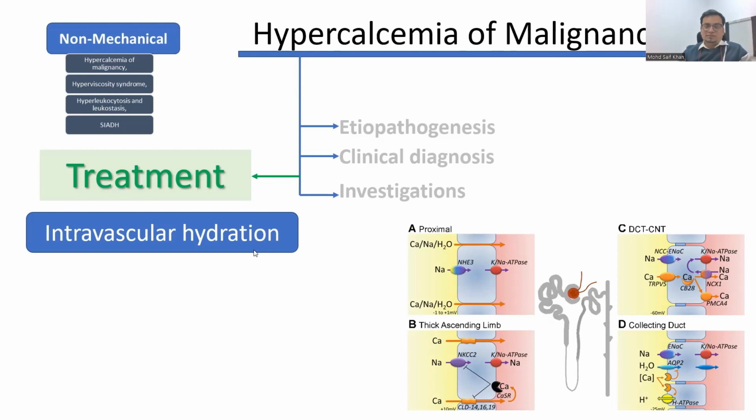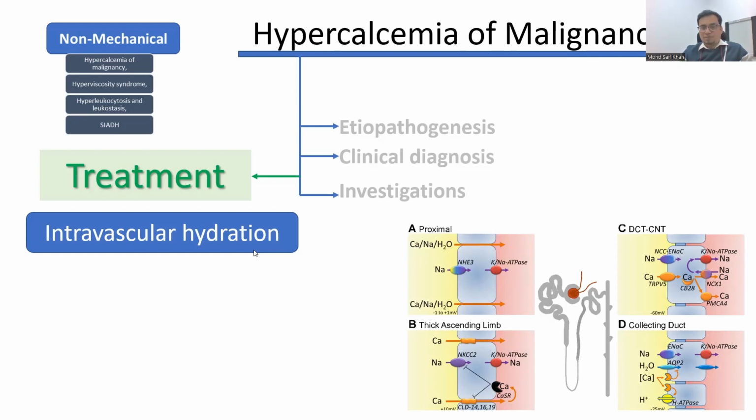So fluid is the best way to manage hypercalcemia, in which we give normal saline as an initial bolus of 1 to 2 liters, followed by 200 to 500 ml per hour, and the rate is adjusted for a urine output of 100 to 150 ml per hour.